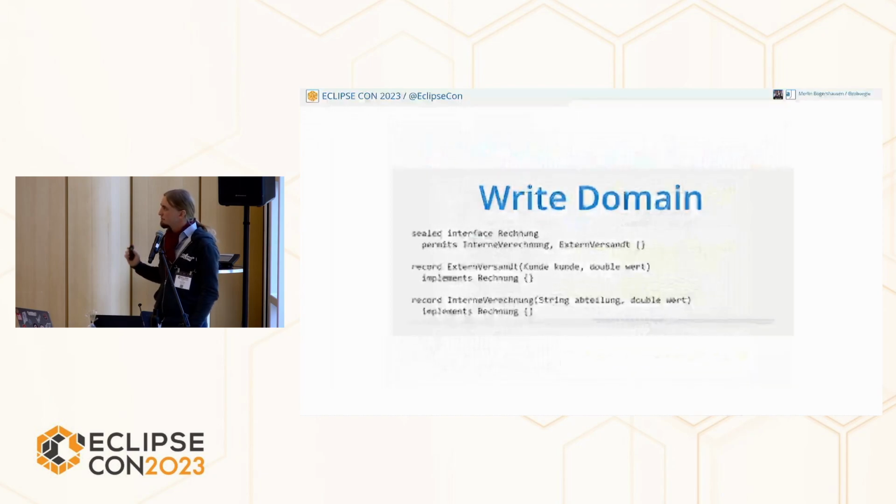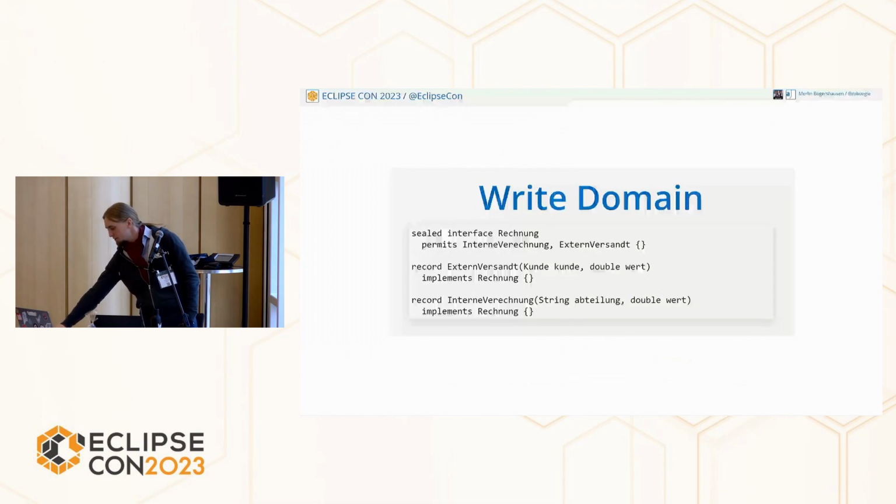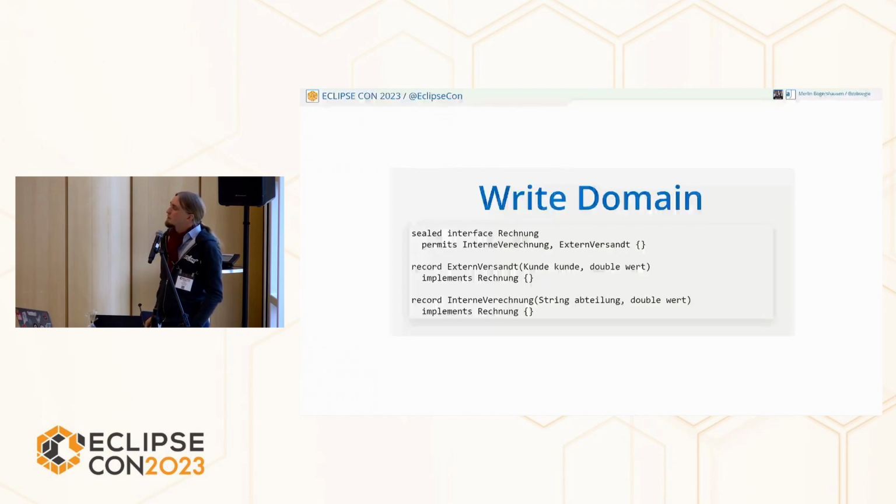I promised code. Here's code, not with syntax highlighting, but it's the way we would define the data model, the part with the invoice, in modern Java. We have a sealed interface which reflects the choice between internal and external invoice. The sealed interface is a technique which gives us the power to control which classes are allowed to implement an interface.